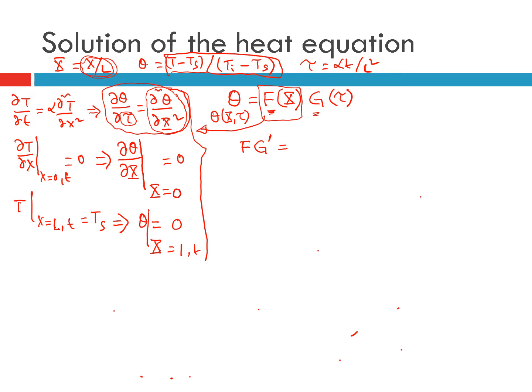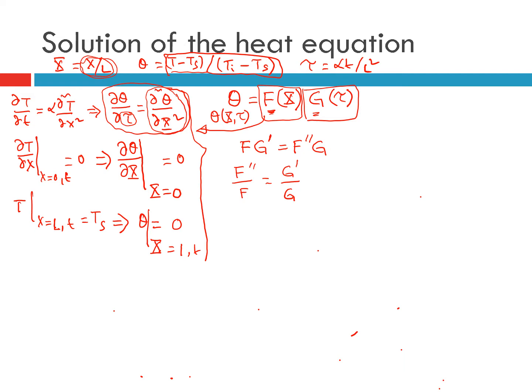So for the right hand side, g of tau is a constant, and so we only take the derivative of the function f of X. So it's equal to f double prime g. And so from there I can write f double prime over f is equal to g prime over g.